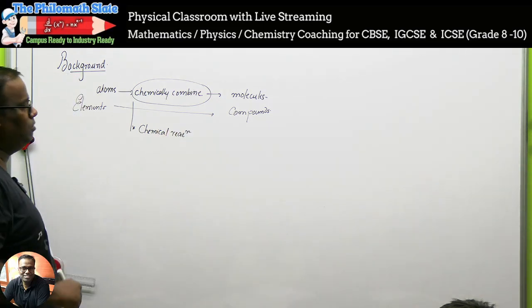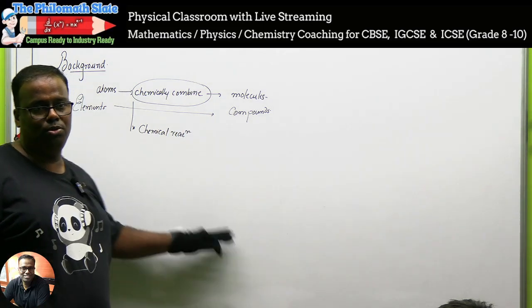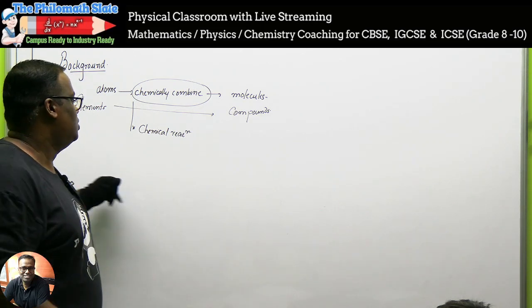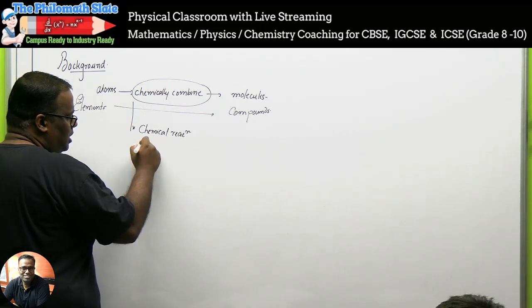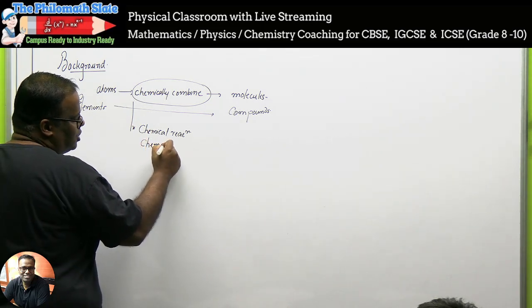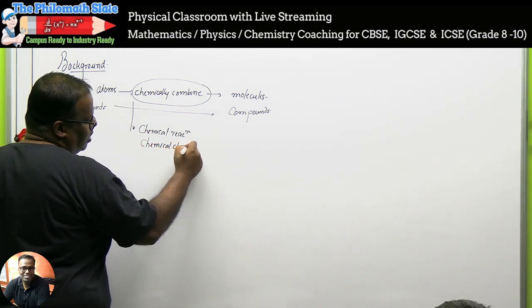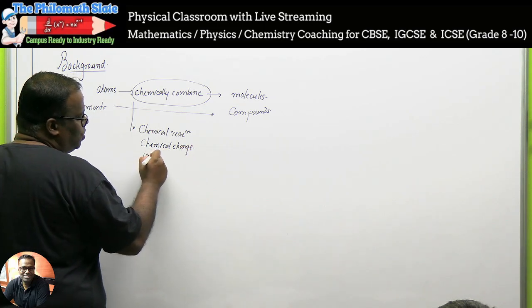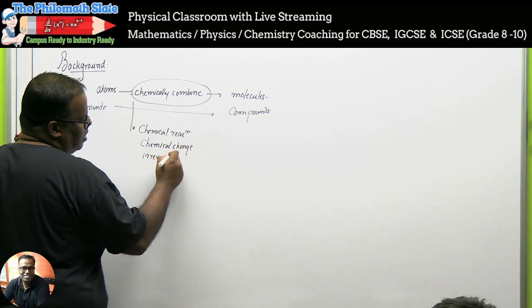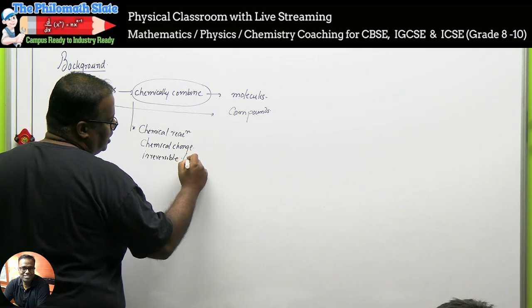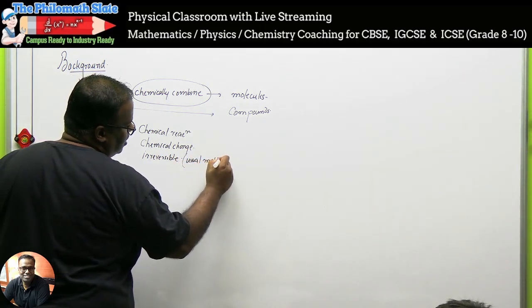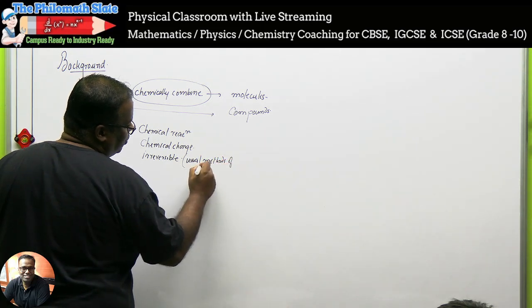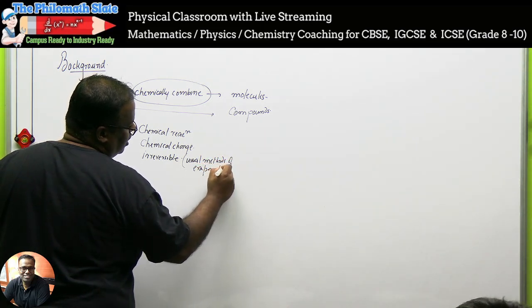In grade 10 we will learn how to know about a reaction. How do you know a reaction is happening? What type of reactions? A chemical reaction, going by our grade 7 knowledge, is a chemical change, usually irreversible. Usually irreversible means the usual methods like evaporation cannot reverse this.